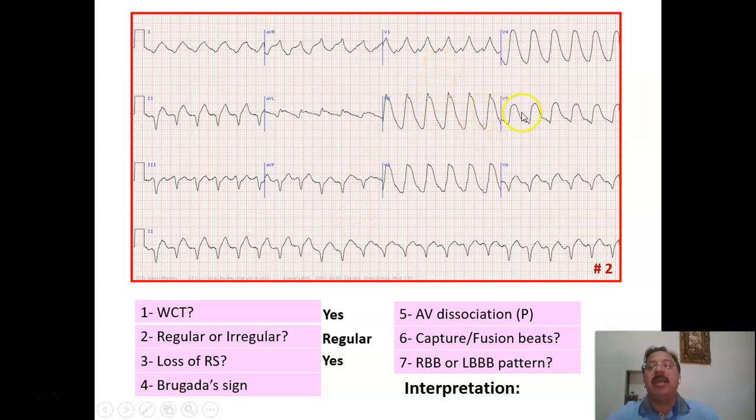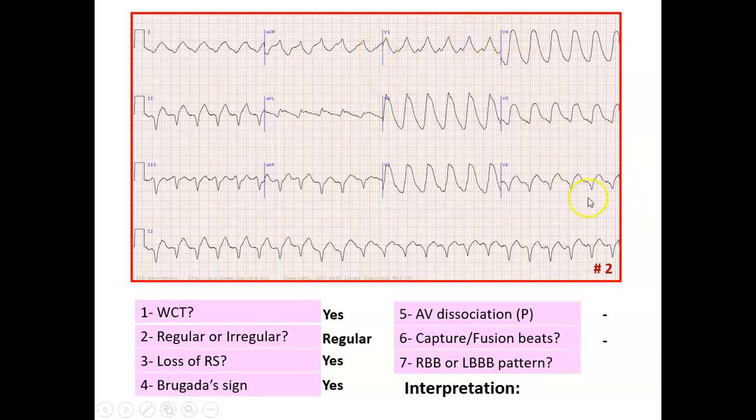Brugada sign is also positive, very wide. Any capture or fusion beats? Difficult to find. And the morphology of the QRS complexes is right bundle branch block pattern. But up to point 3 or 4, we have already diagnosed that this is ventricular tachycardia, monomorphic ventricular tachycardia.